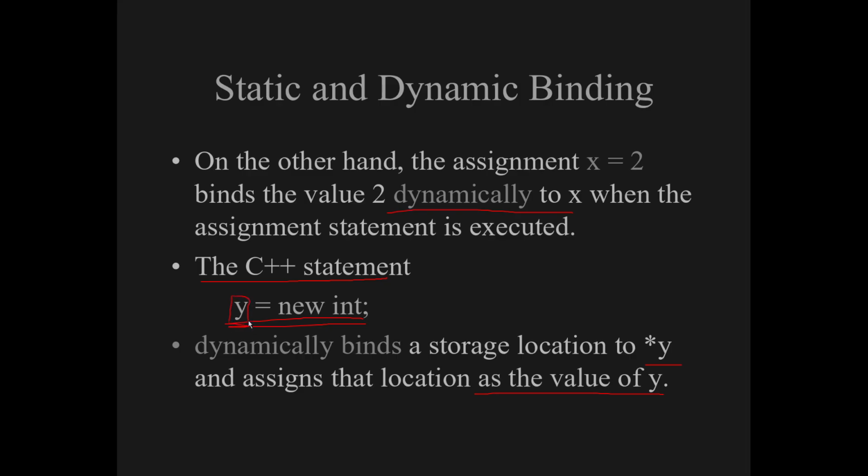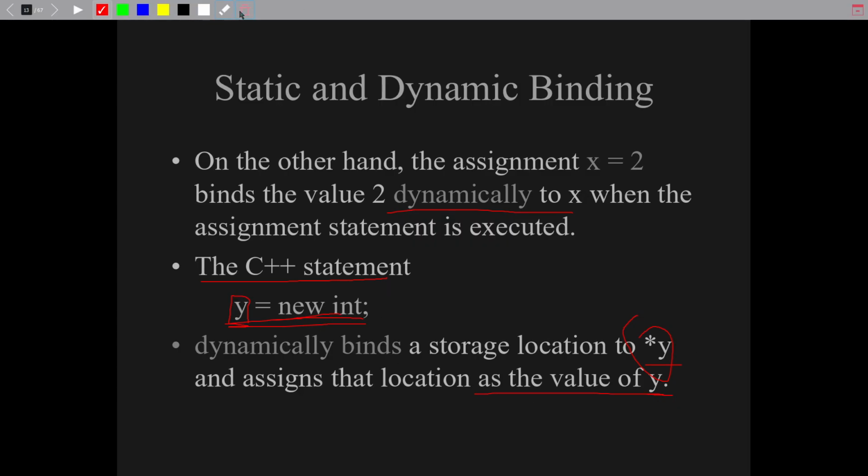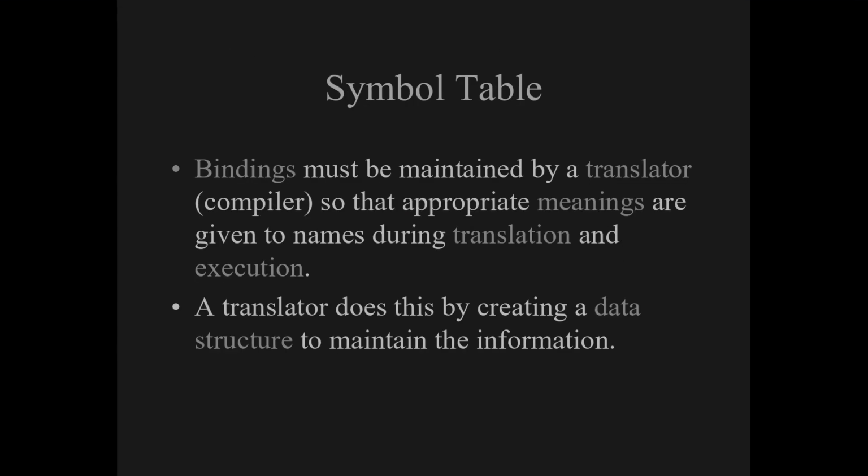And so when you refer to star y, it means the actual value there, and when you mean y, it's the address of that value. But this is done at runtime because who knows what kind of circumstances and things might change with every time the program's executed. It might proceed a little differently each time.